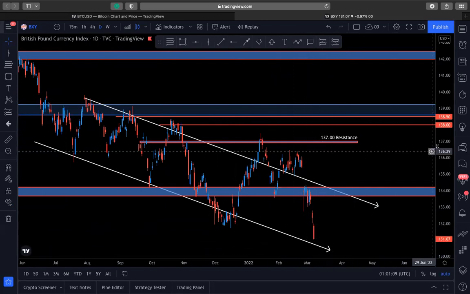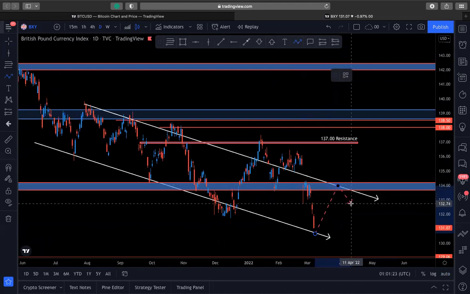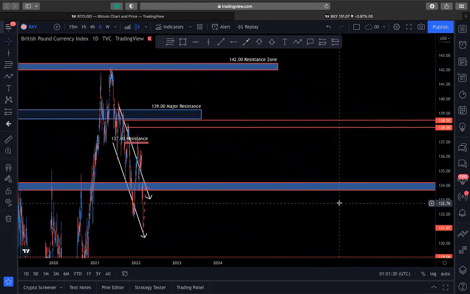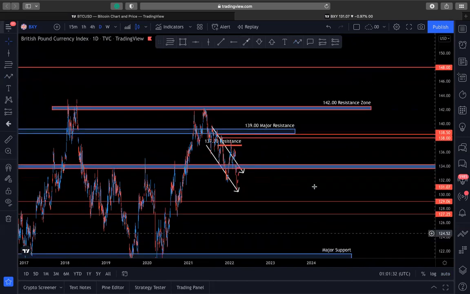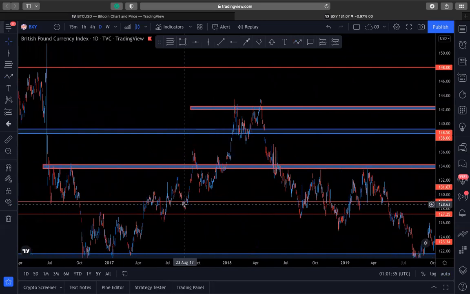So there is potential that the British pound could catch support in this area before moving back to the upside to either potentially retest the overhead resistance of this channel, or potentially this resistance zone, which is 1.3400, right? And we see this has been a major resistance zone.